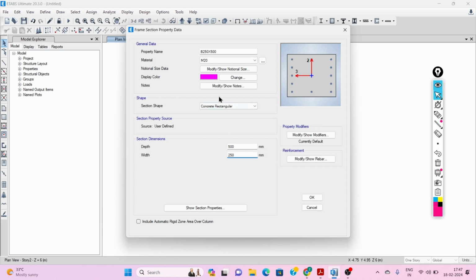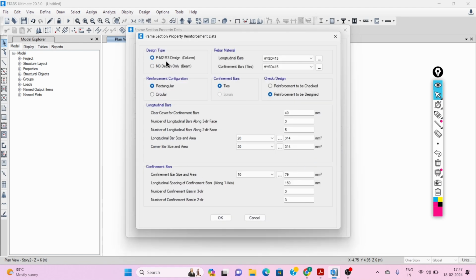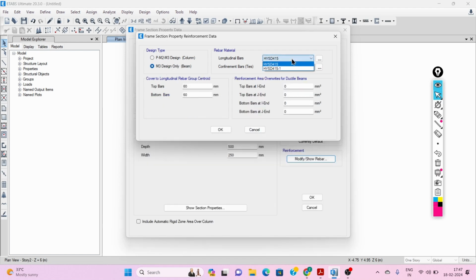Okay, here we need to select the shear reinforcement material also, because we have already selected the concrete material M20. Just select modify show rebar. Here just select HYSD 415 for longitudinal bar as well as for confinement bars.